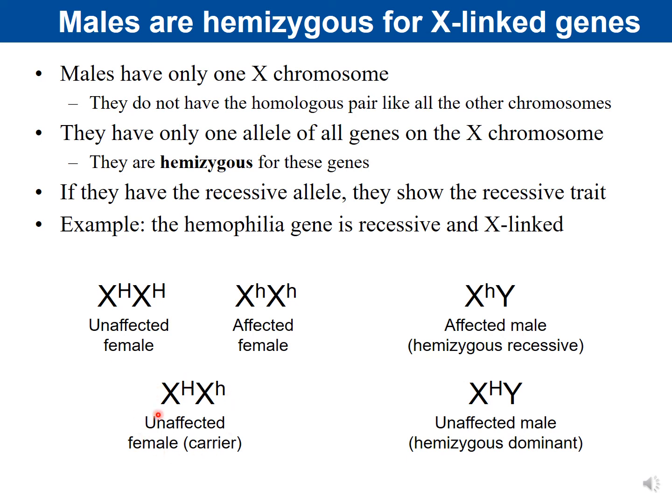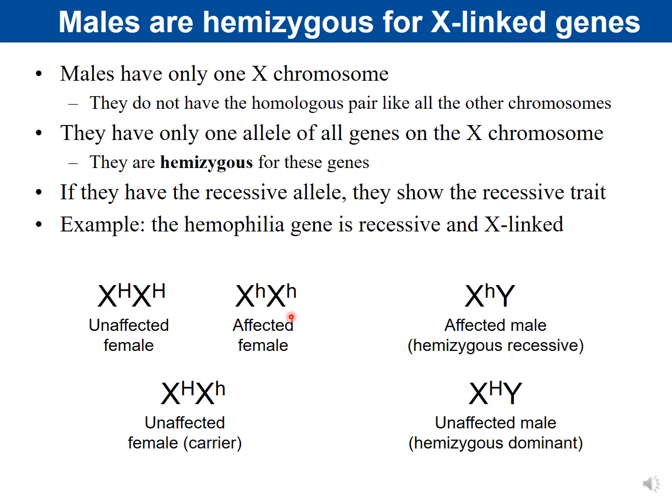On the other hand, we could have an unaffected female, meaning she does not have hemophilia, but she carries the gene for hemophilia. So notice that she is X big H, X little h. So she carries the hemophilia gene, but she herself is not affected. She does not have hemophilia. She is heterozygous and she is a carrier.